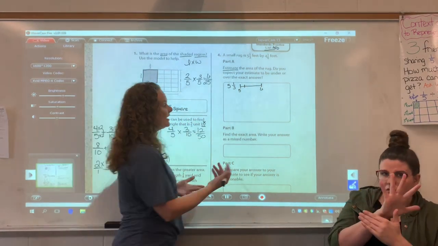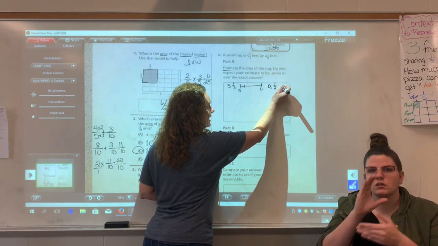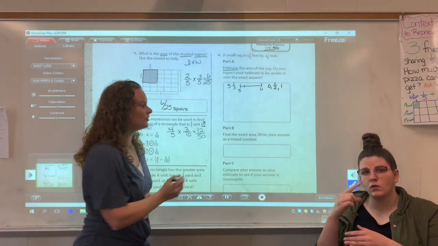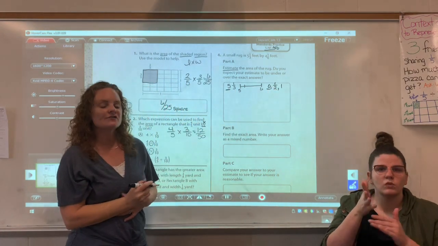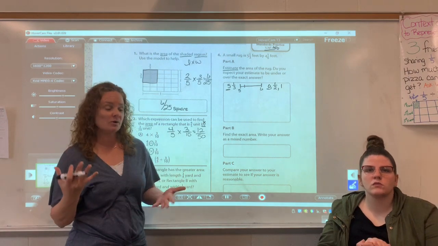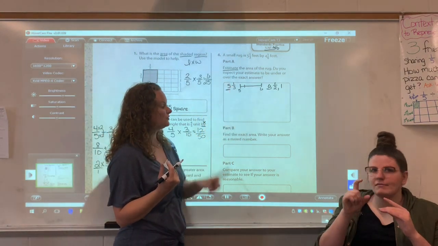When I'm comparing, I'm always comparing to my benchmarks 0, 1/2 and 1. Well, 5 and 1/3 would be closer to the 0, so therefore it's going to stay 5. If it's 1/2 or greater, we're going to round up, but for right now, we're going to keep this one because it's so close to the 5.